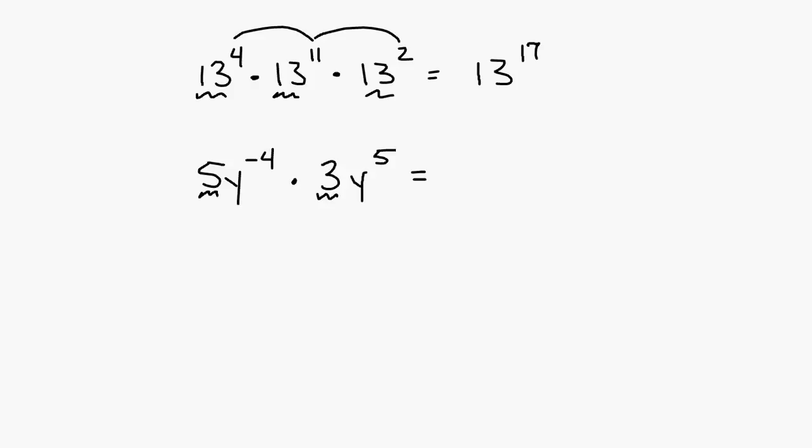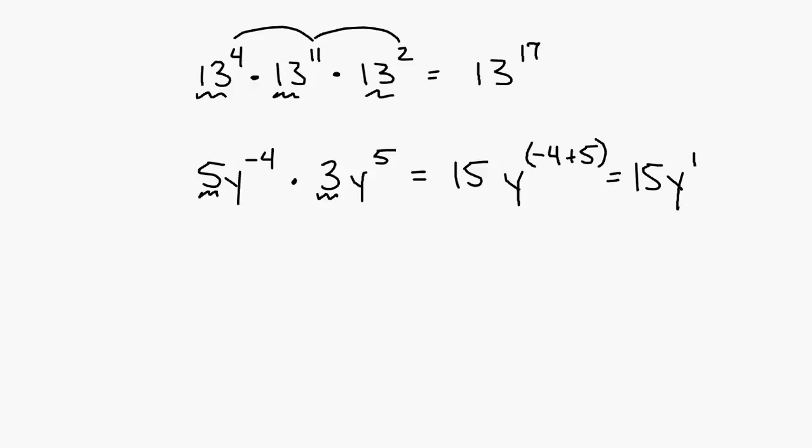So 5 times 3 is 15. And now you're going to treat your variables, or your bases, the same as you did before. So you're going to have y to the negative 4 plus 5. So this simplifies to 15 y to the 1st.